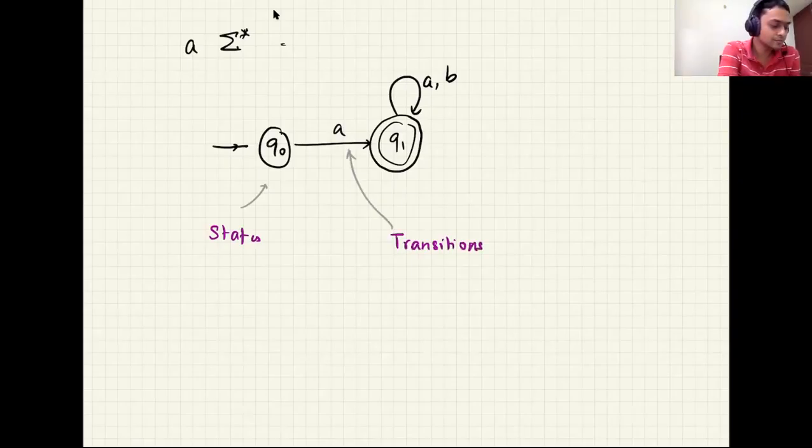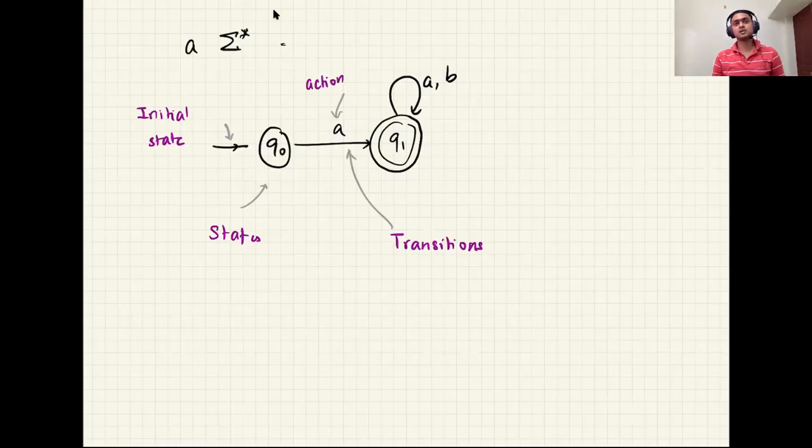This arrow on one state denotes the initial state. The letter on a transition is called an action; sometimes you can call it an action or a letter, it doesn't matter.